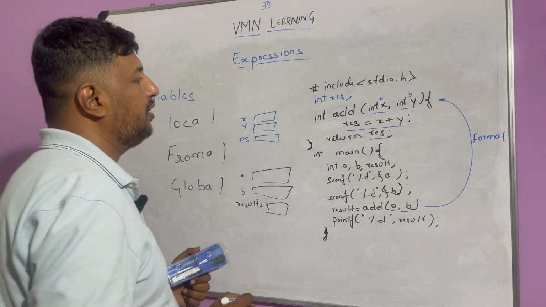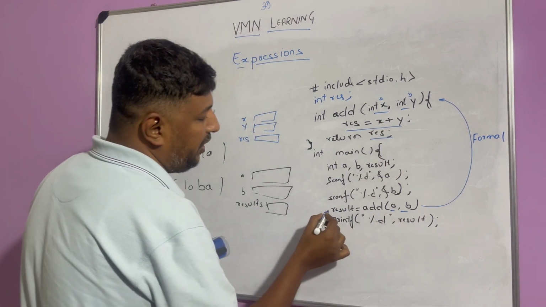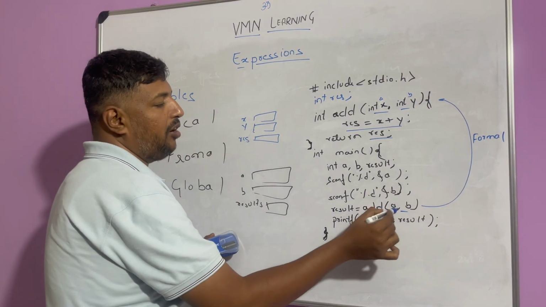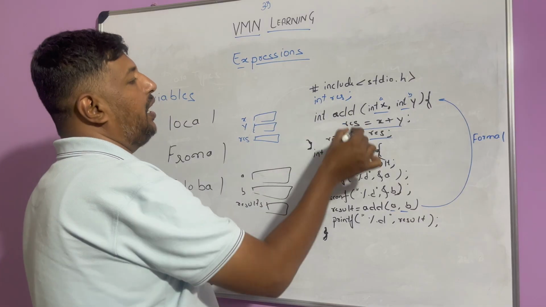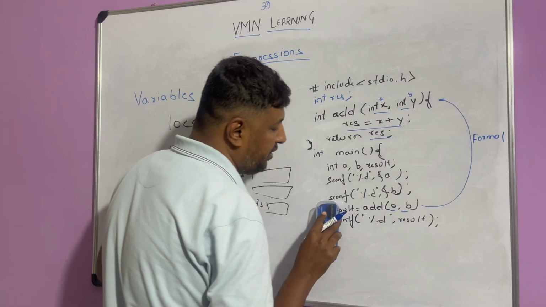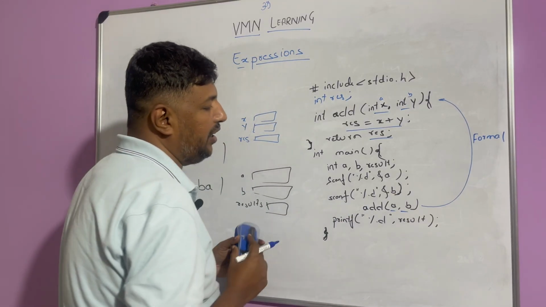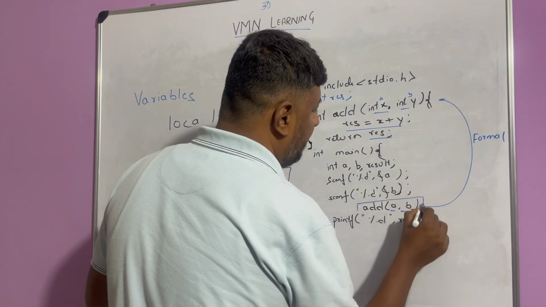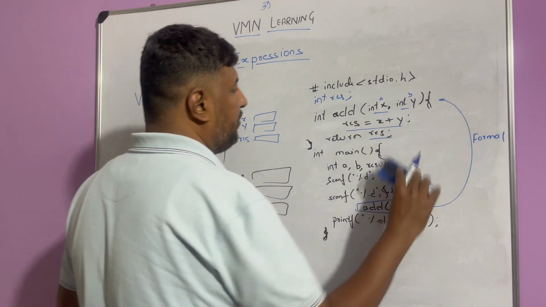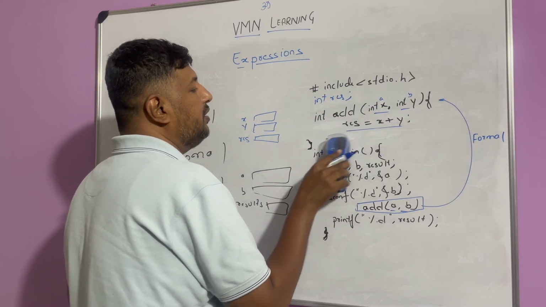Now here, once I call this function with a comma b, the result will be stored. Instead of using the result, I can just call add a, b. And as this result is already global, I don't want it to return anything.